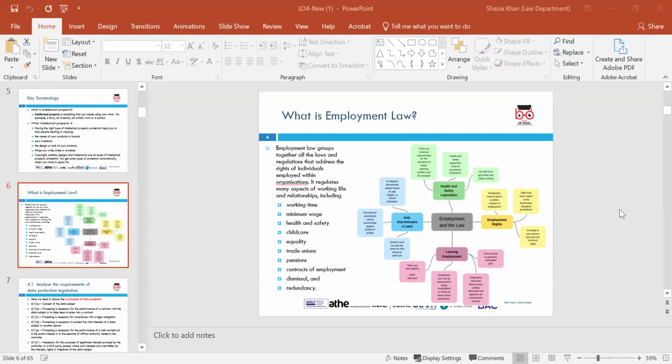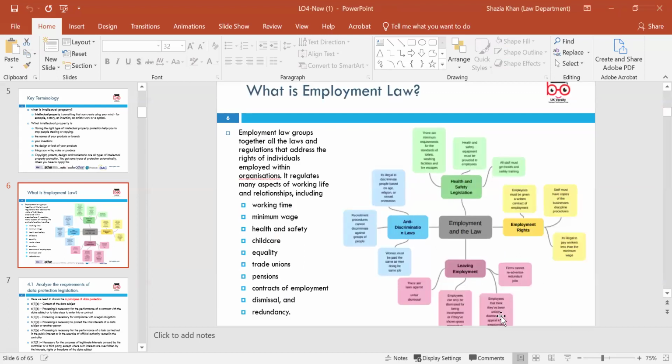So you've got a diagram there that shows employment and employment law, health and safety issues, and anti-discrimination laws. Health and safety can be things like the safety of equipment in the workplace.